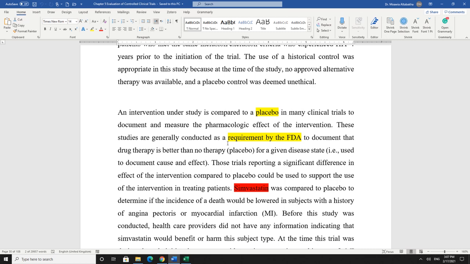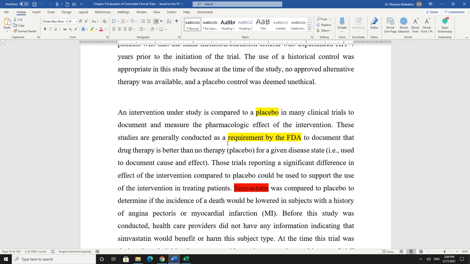The question is why the FDA requires you to use placebo. They tell you that in order to market your drug, you need to provide two important things. First, you need to show that your drug is effective, and second, that your drug is safe.